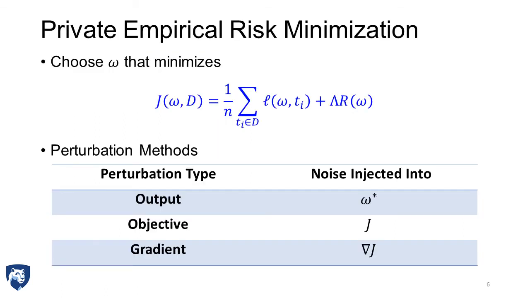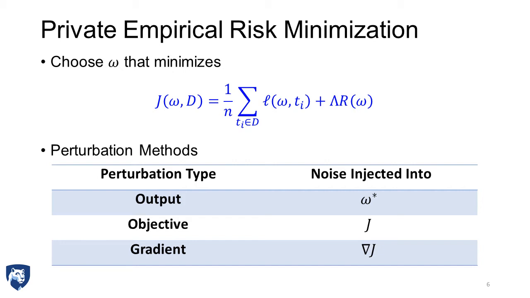Training a logistic regression model can be performed through empirical risk minimization. This family of models chooses a vector omega that minimizes the regularized empirical loss function. Utilizing a private ERM scheme entails strategically injecting Laplace noise at various stages of the machine learning process.